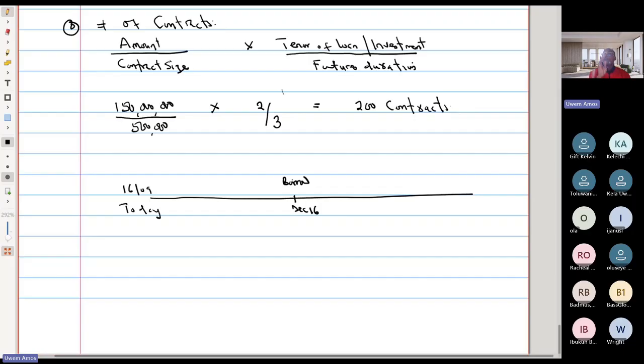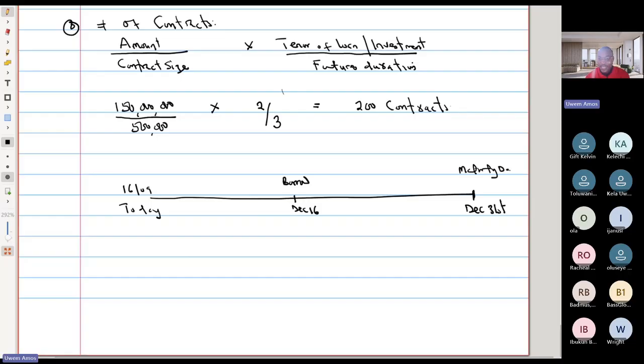But because futures have a fixed maturity date, he bought a futures that is maturing on December 31st. Mr. Bighard is not going to hold these futures until maturity, because he needs to borrow before December 31st. This is the maturity date.